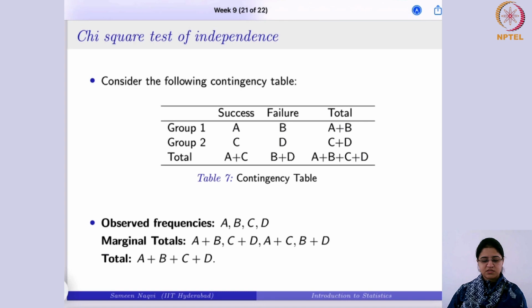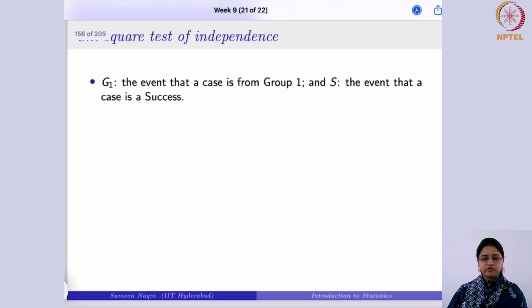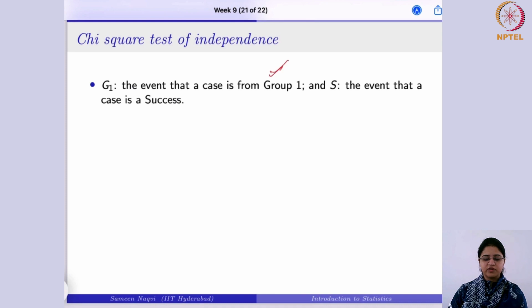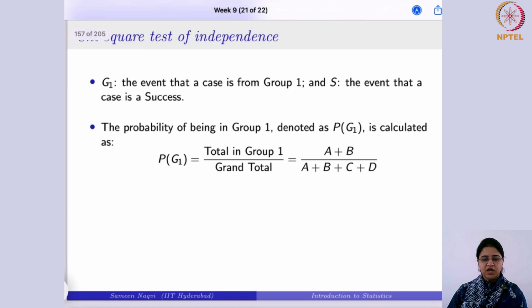Given this setup, assume that G1 is the event that it is a case from group 1 and S is the event that it is a success. The probability of being in group 1 will be the total observations in group 1 divided by the grand total.